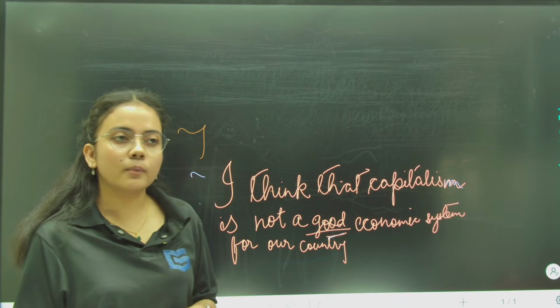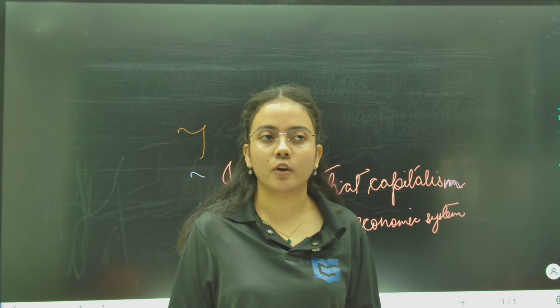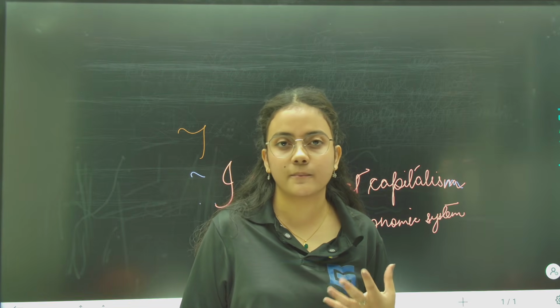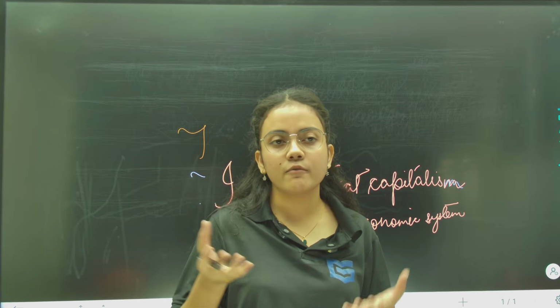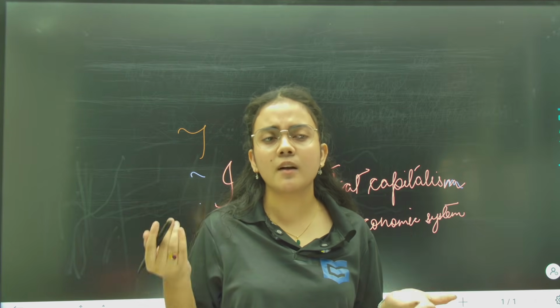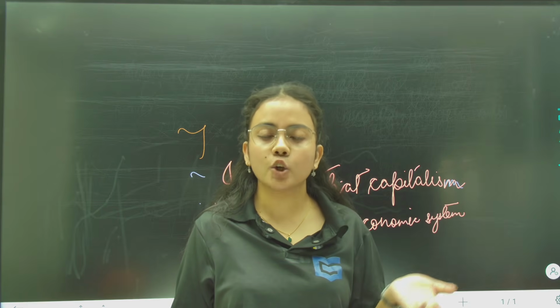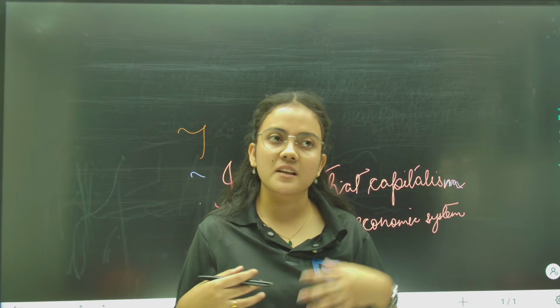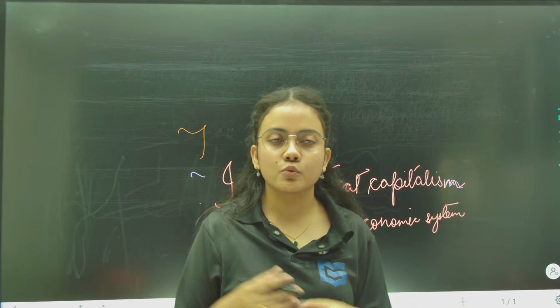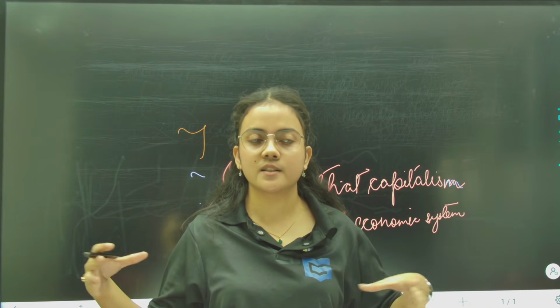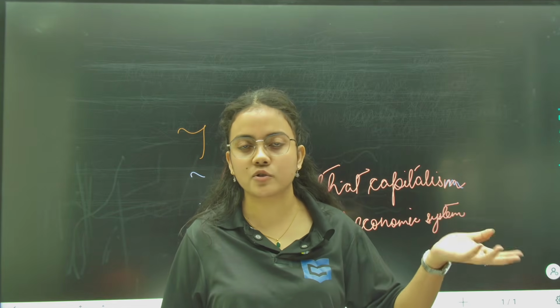Here we do not use "better" economic system, because we use better when there is a comparative degree. We would not say "the best economic system" either, because best is a superlative degree. Among many economic systems we would have to compare them to say which is the best.